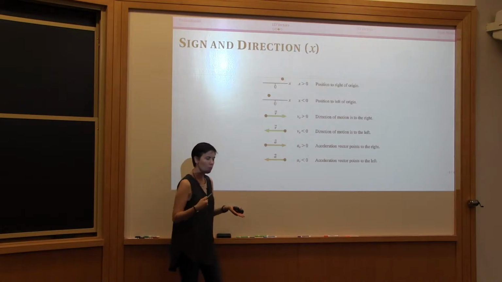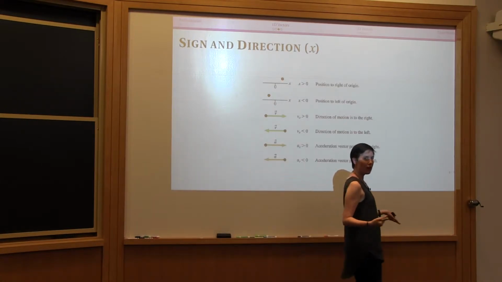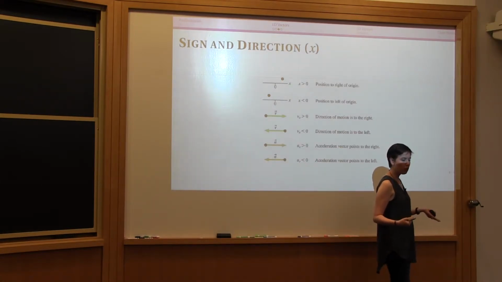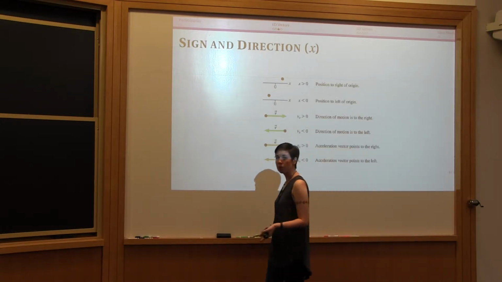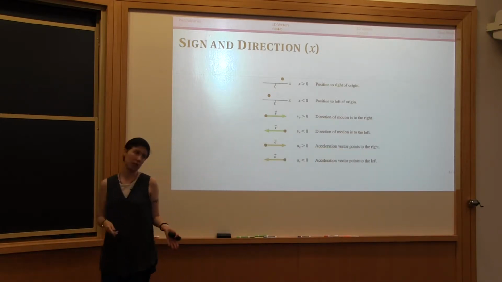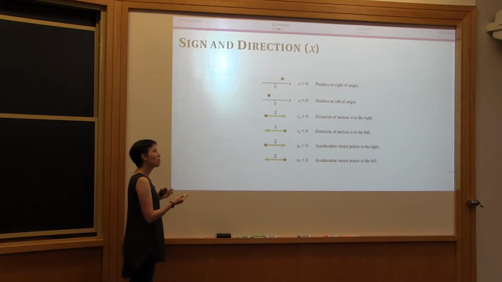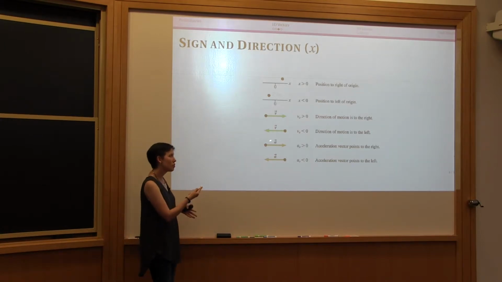So obviously, if I'm walking, I would always have a positive speed, but we would call walking to the left a negative velocity vector. So similarly with acceleration, if your acceleration vector points to the right, we call that positive, and if the acceleration vector points to the left, we call that negative.